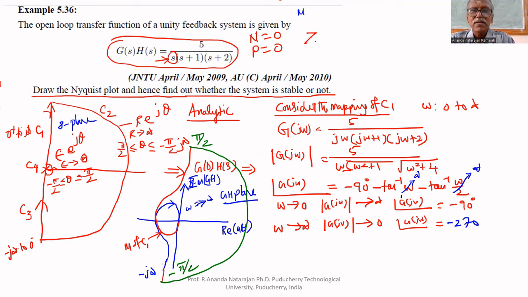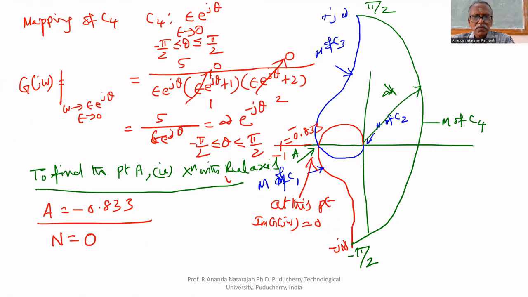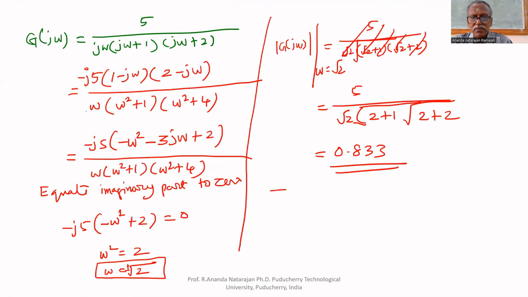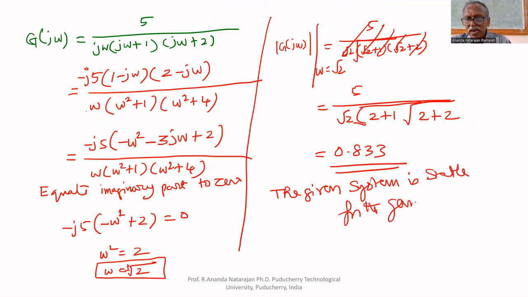Therefore, Z equals P plus n, that is also 0. Therefore, the given system is stable for a static gain of 5.